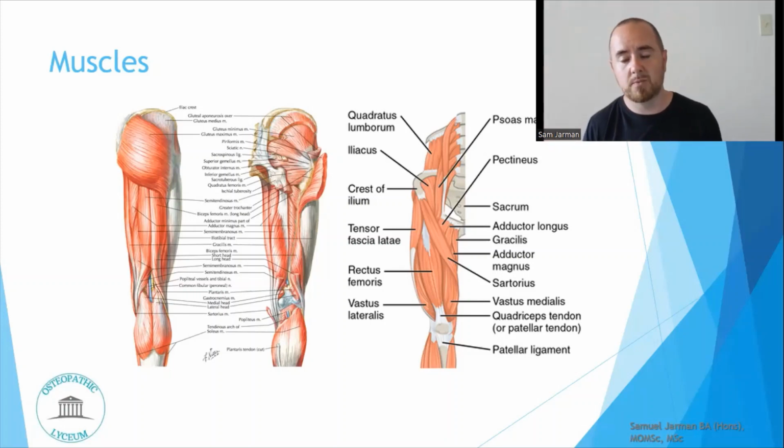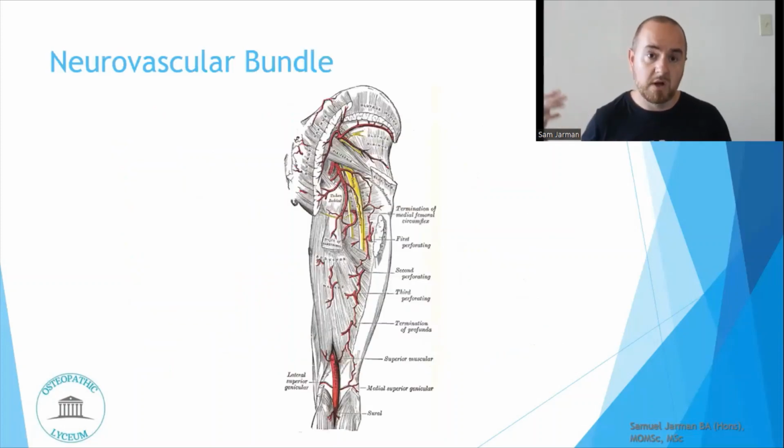Very similar thing with respect to the neurovascular bundle, but not exactly. You're very much thinking about the lumbosacral plexus, a little bit more sacral plexus. You're thinking about the superior and inferior gluteal nerves, and direct branches to the piriformis and the obturator internus. From the sacral plexus, you're thinking about the superior and inferior gluteal artery.